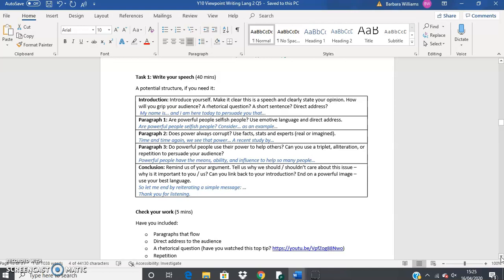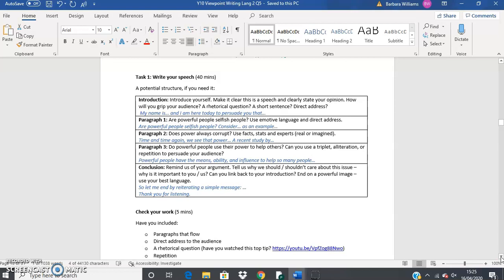Paragraph one, I would take that first idea in the quote, powerful people, selfish people. I would probably use quite emotive language and direct address to try and convince people. And I'd put a sentence starter there in case you need it. Paragraph two, I would use the second idea in the quote, does power always corrupt? And I would use facts and stats and experts. Try and really convince people that I am right and other people who are very clever agree with me.